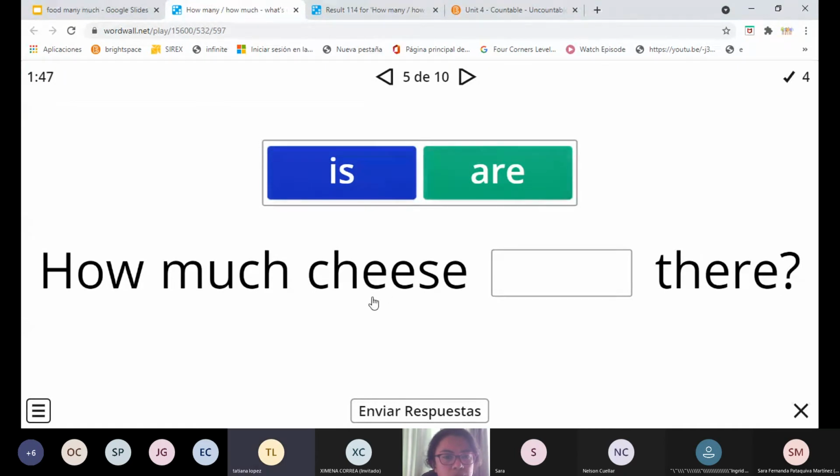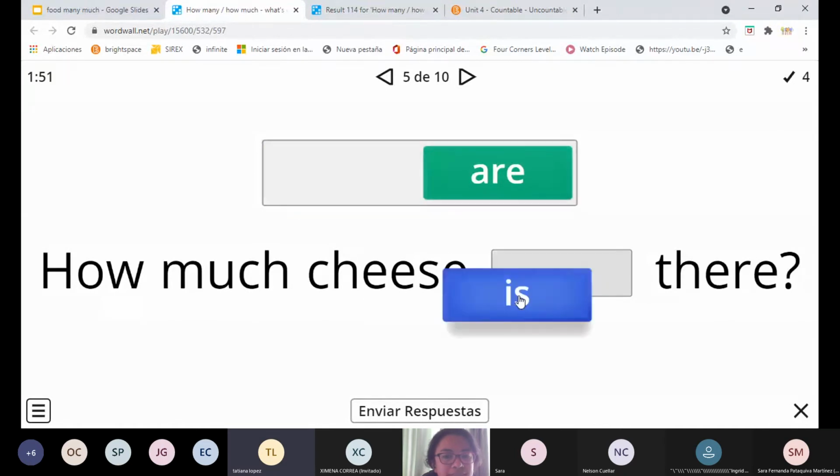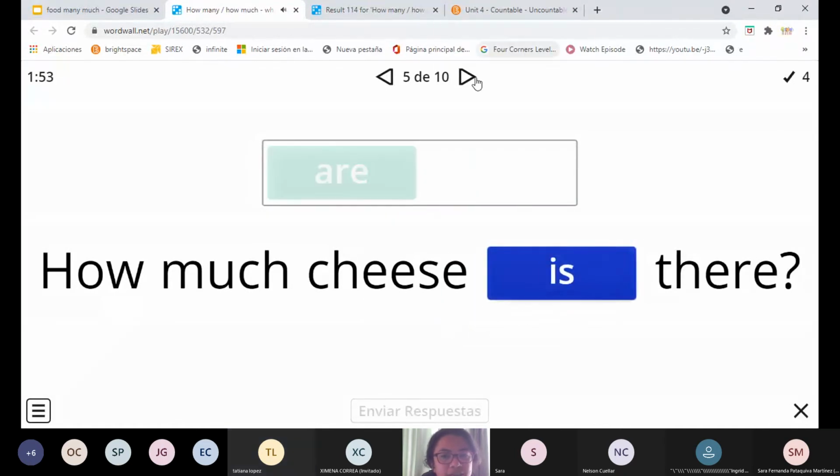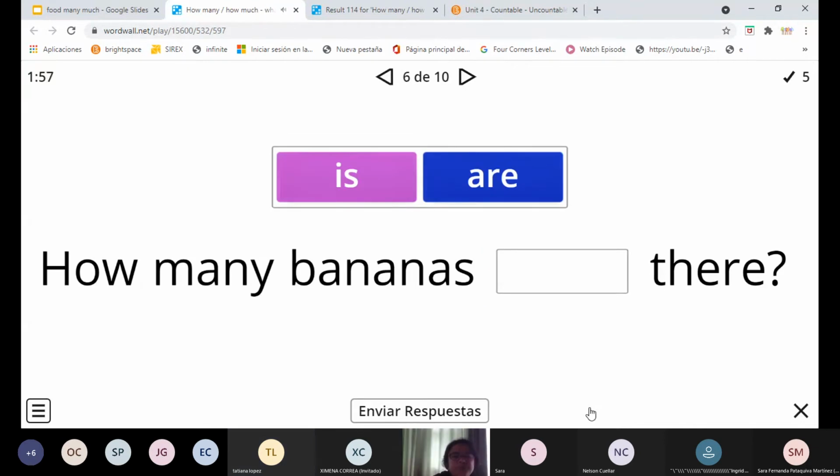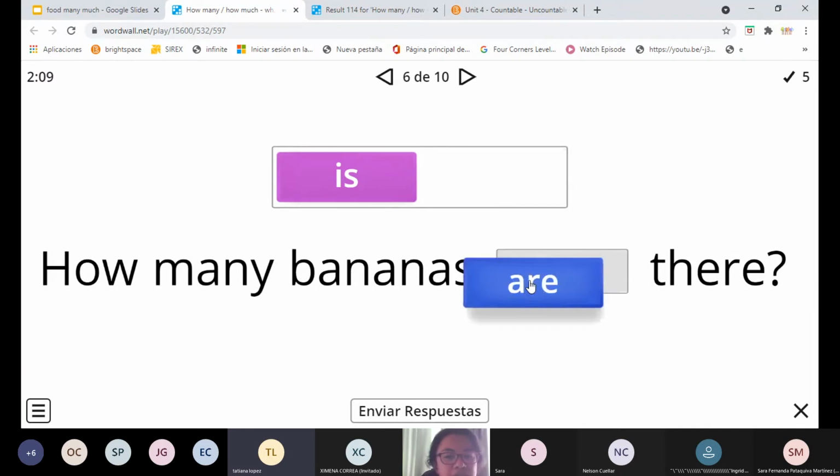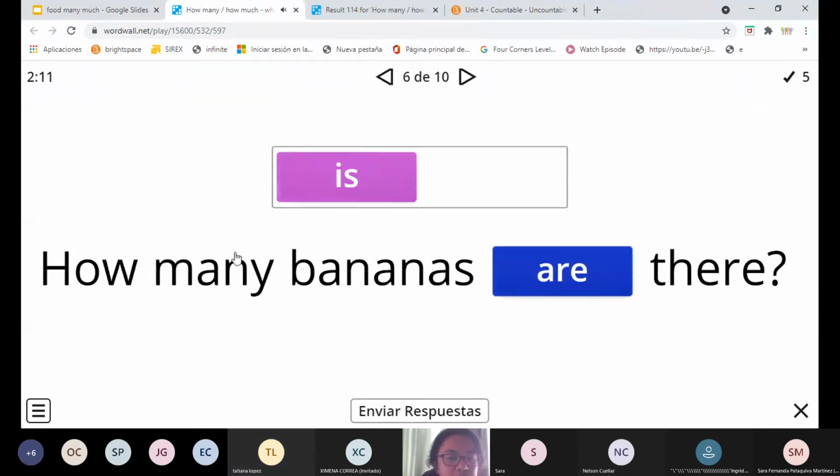How much cheese is? Yes, is there. Okay, good. And how about number 6? What's the answer here? How many bananas are there? Ya, pero acuérdate cómo vamos a pronunciar esta palabra. ¿Cómo se pronuncia?